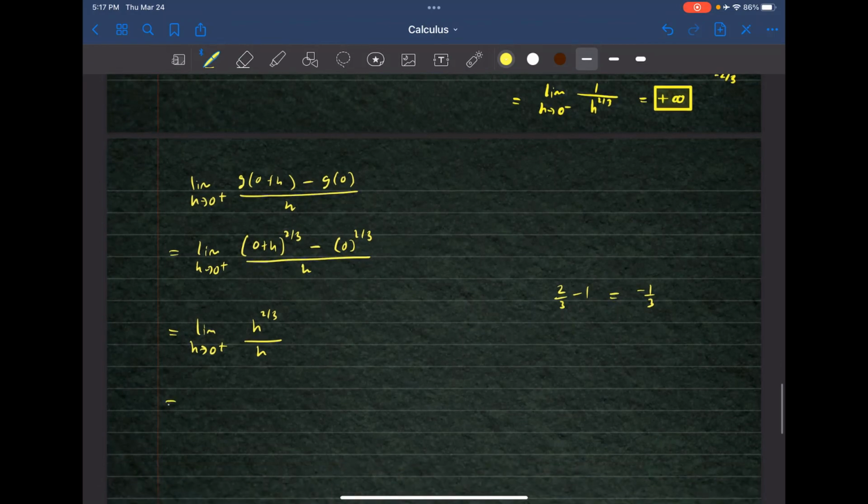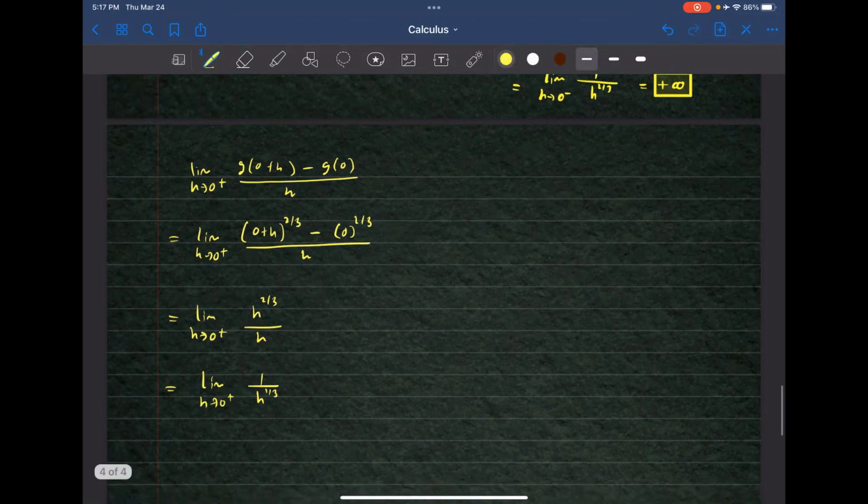So this is going to be the limit as h approaches 0 from the right, 1 over h to the power 1/3. So now let's take the limit. If you approach 0 from the right of this function, you will get plus infinity. So you see that both of these limits happen to be not finite.